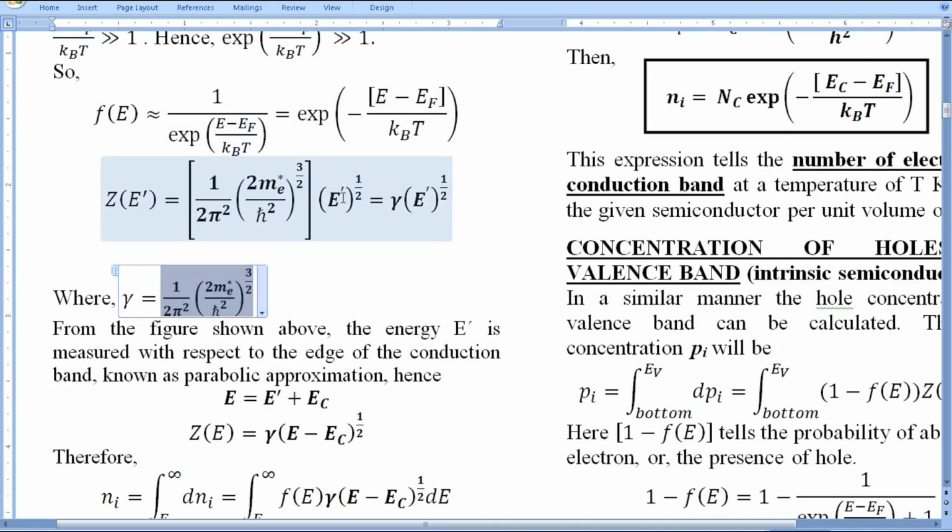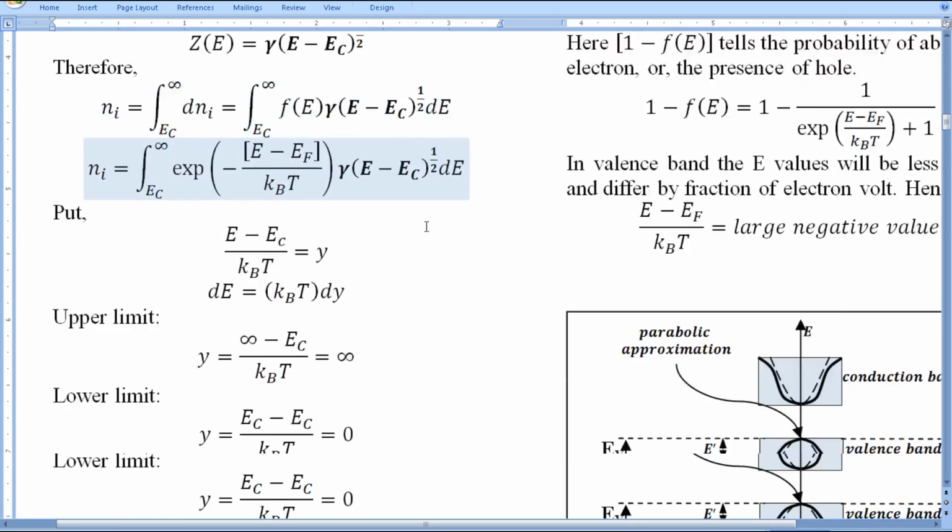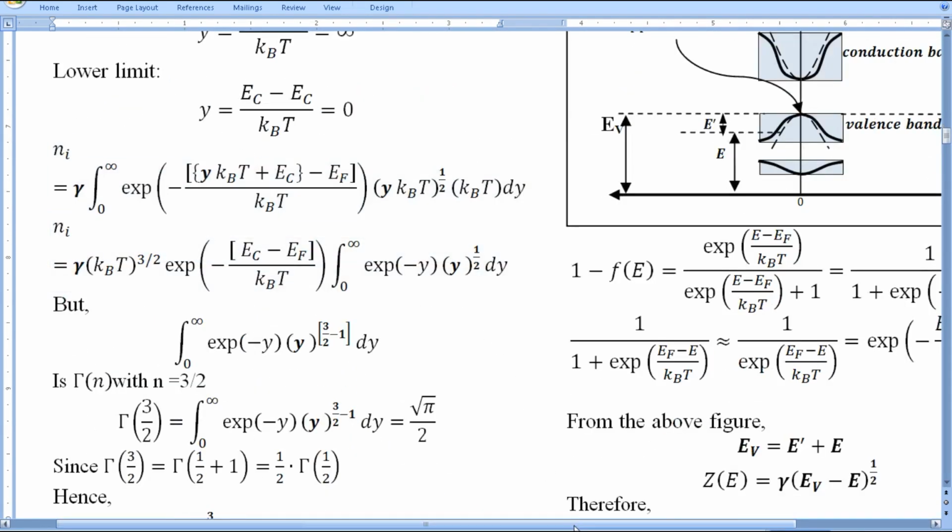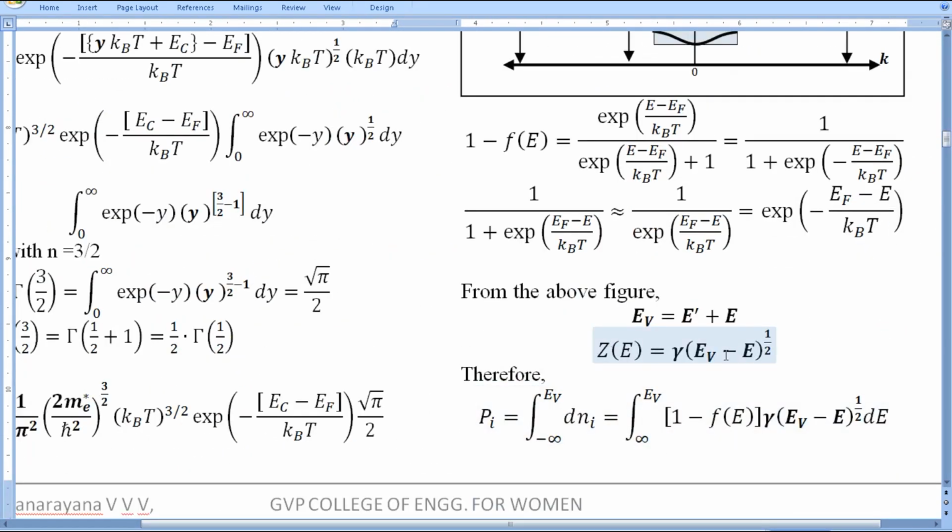So this E dash is what we are using here in the valence band. So Z of E equals gamma times EV minus E power 3 by 2. And when we substitute, actually it is P, not N, because we are dealing with holes. So the integration goes from minus infinity to EV.